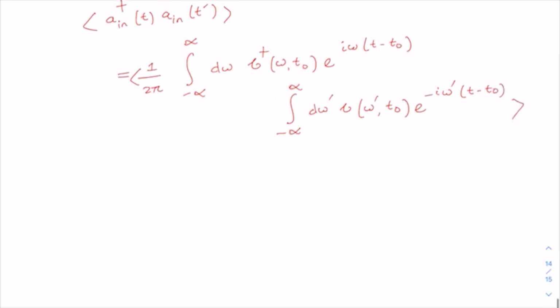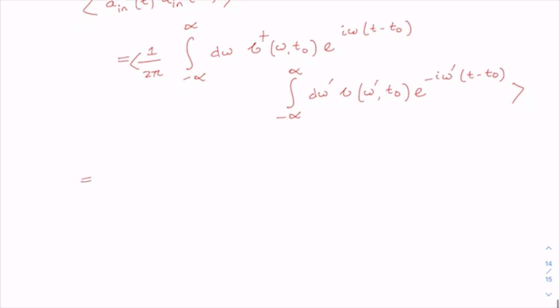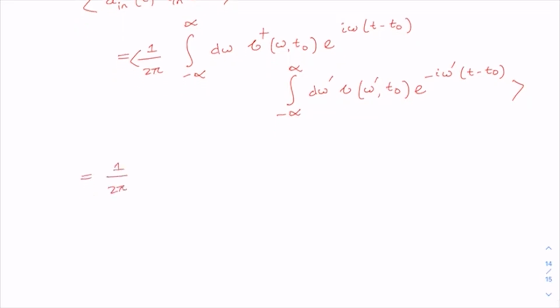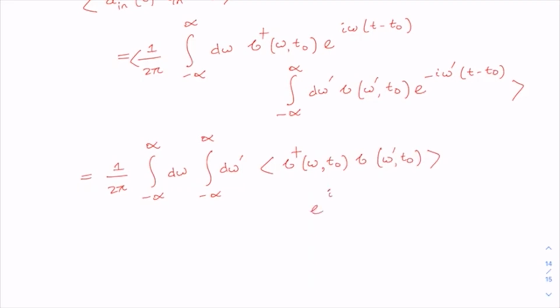So let me close the bracket, and then I have 1 by 2 pi, integration minus infinity to plus infinity d omega, integration minus infinity to plus infinity d omega dash, expectation value of b dagger omega t0 b of omega dash t0, and I have e to the power i omega t minus t0, and here I have e to the power minus i omega dash t minus t0.